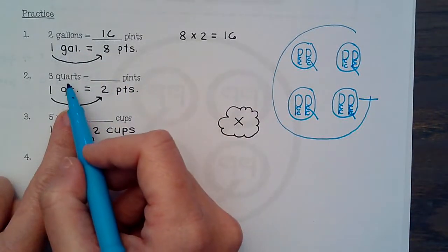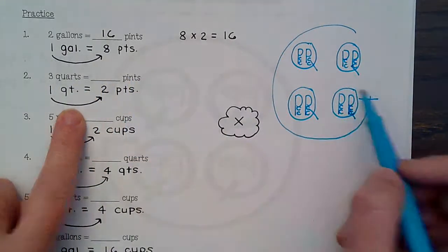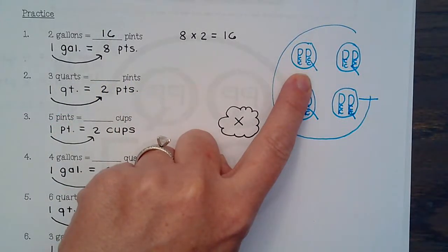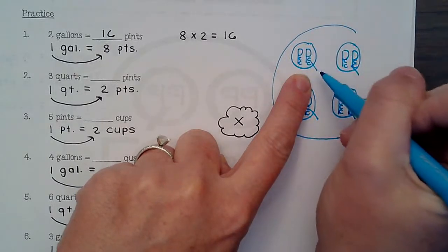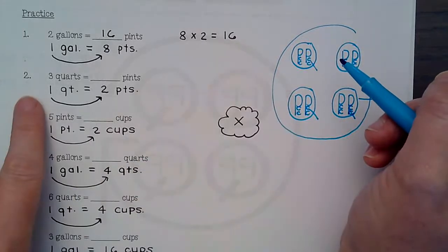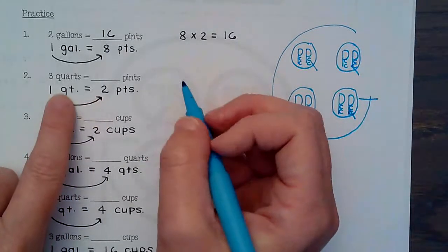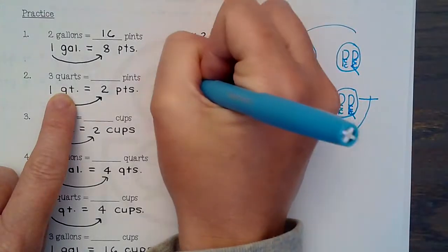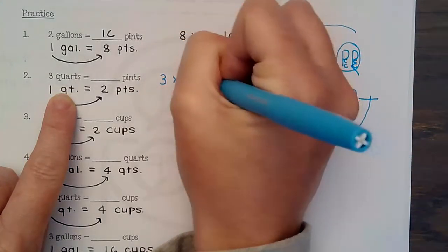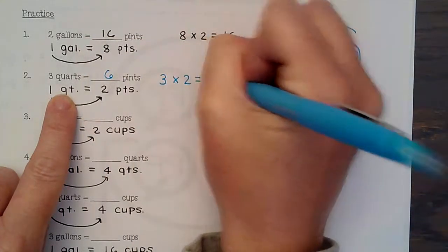Okay, let's look at the next problem. 3 quarts equals how many pints? This time I'm just thinking about 1 quart. Okay, so I'm only looking at a Q. Notice how many P's are there? 2. So if 1 quart is equal to 2 pints, to figure out how many pints is in 3 quarts, I'm going to do 3 times 2. And 3 times 2 is 6.